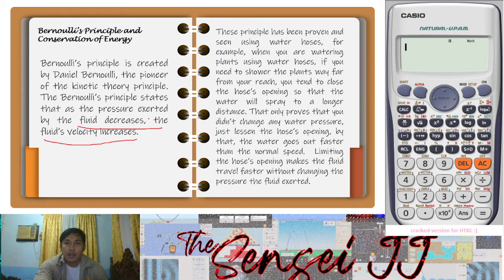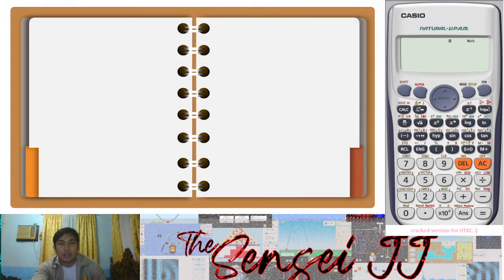When you are watering plants using water hoses, if you need to shower plants far from your reach, you tend to close the hose's opening so that the water will spray to a longer distance. That only proves that you didn't change any water pressure, just lessened the hose's opening. By that, the water goes out faster than the normal speed. So limiting the hose's opening makes the fluid travel faster without changing the pressure the fluid exerted.